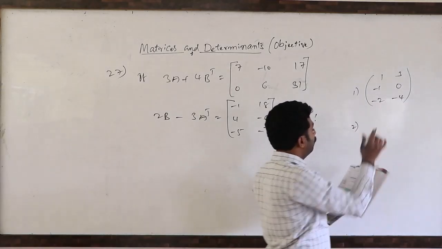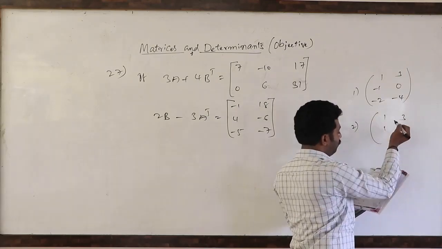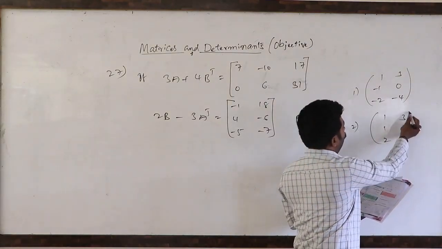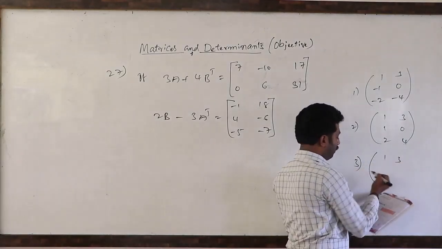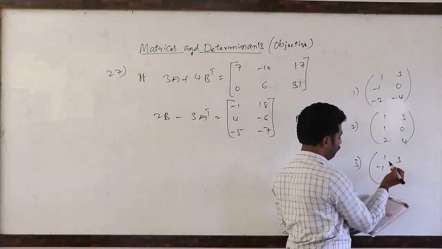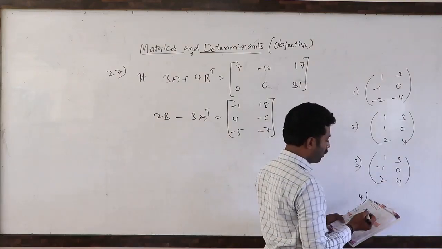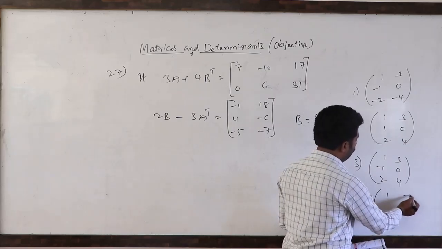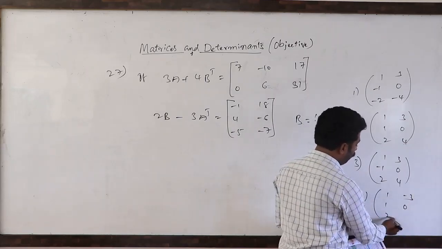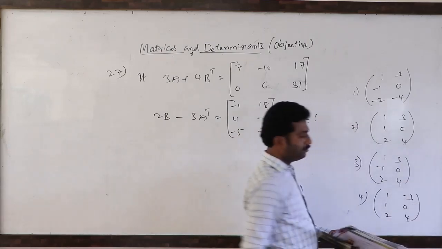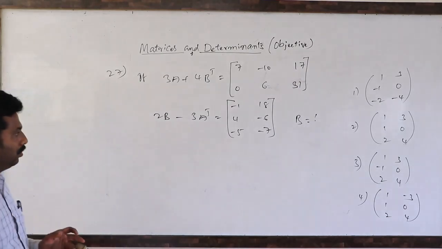Second option 1, 3, 1, 0, 2, 4. Third option 1, 3, minus 1, 0, 2, 4. Fourth option 1, minus 3, 1, 0, 2, 4. So which one is possible? We'll see.